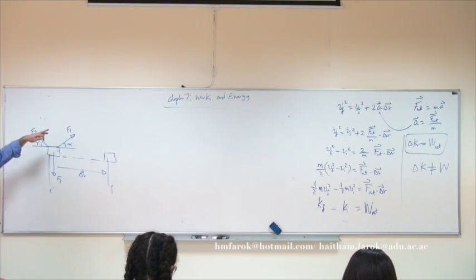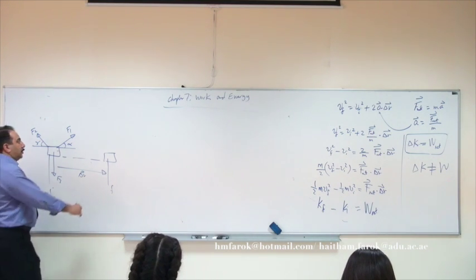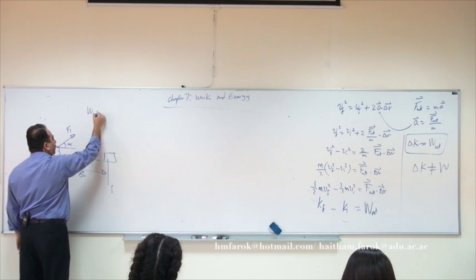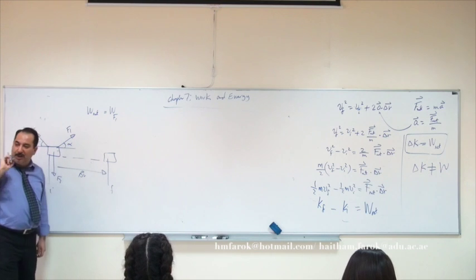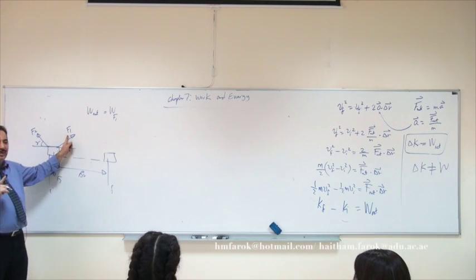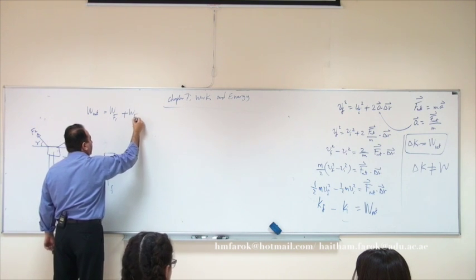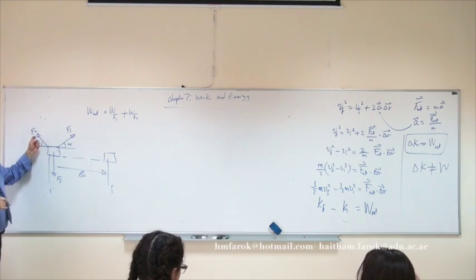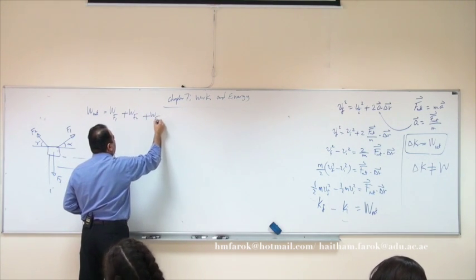How much is the total work on the system? What do you need to do? You have to say W net comes from the work of force number 1. How much work is done by F1? Plus work of force number 2, work done by F2, plus work done by F3.